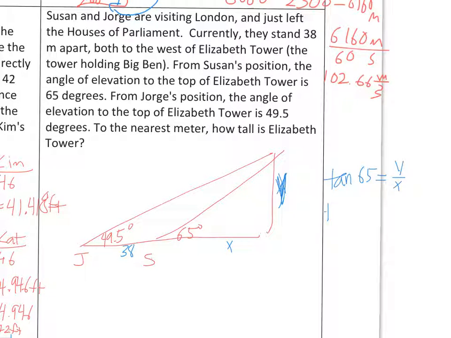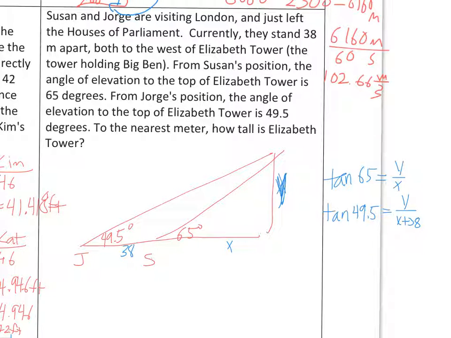Then we get to the fun part. The tangent of 49.5 degrees is equal to y over x plus 38. We have a system of equations here with two variables. How cool is that? Don't even say it's not cool, because I know it's cool.